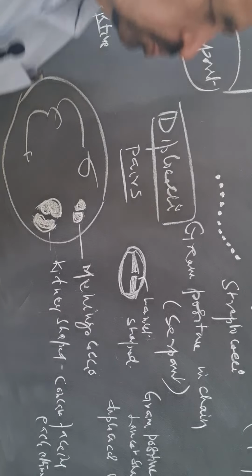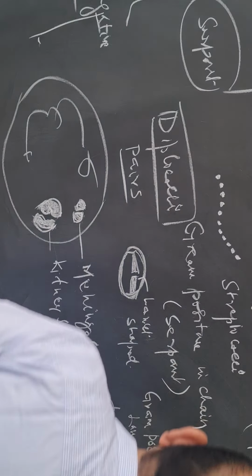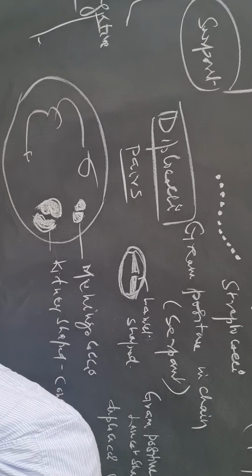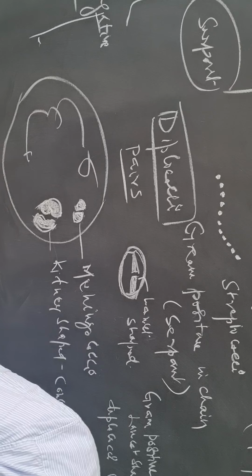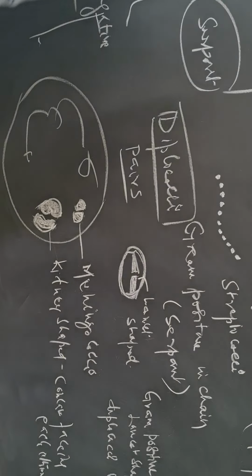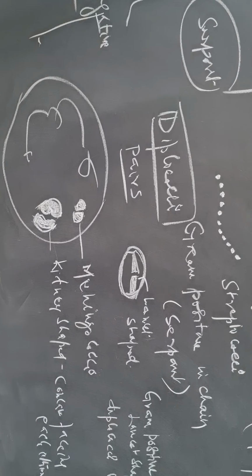There are two: acute rheumatic fever and acute glomerulonephritis.